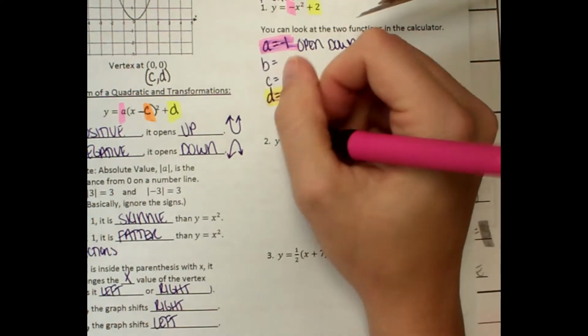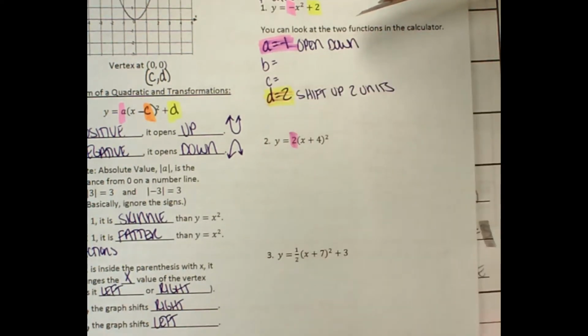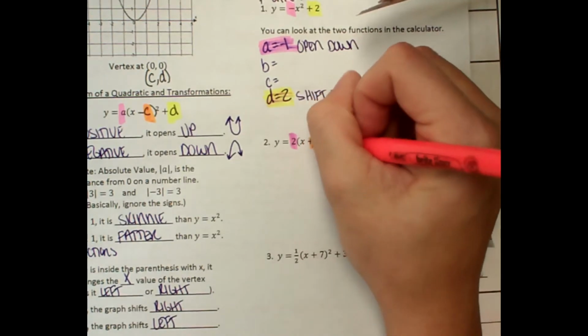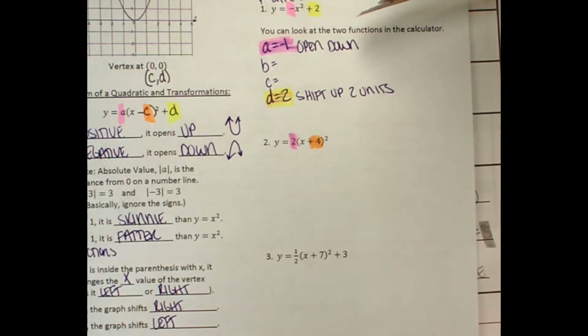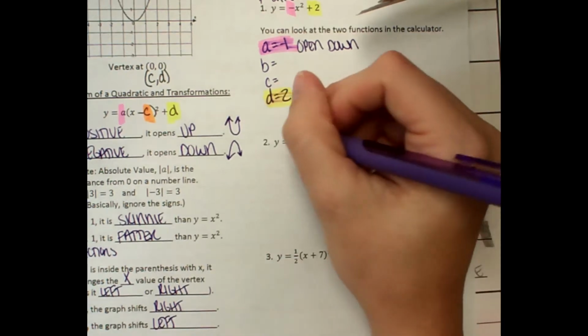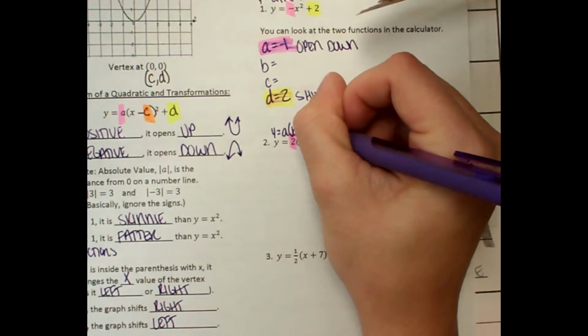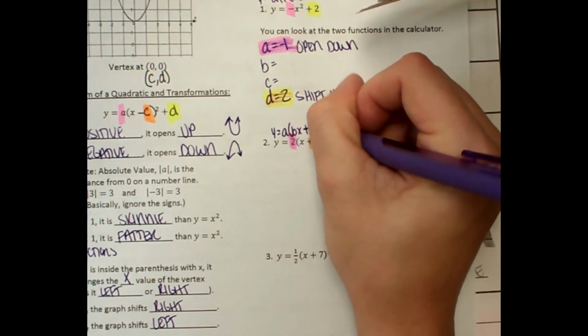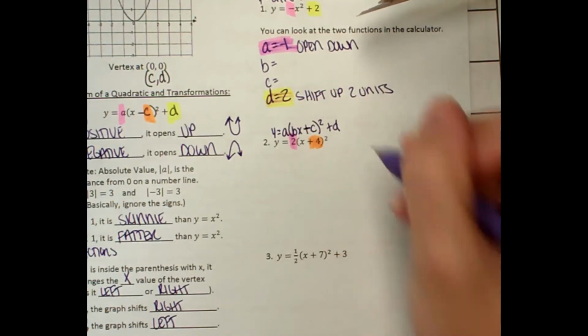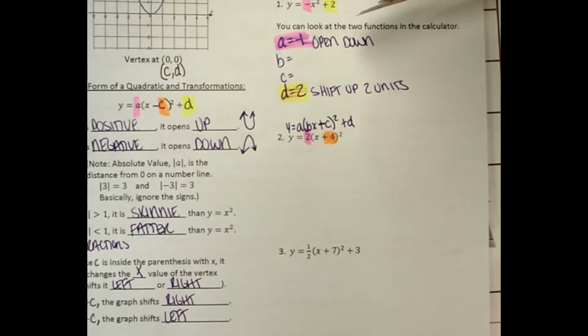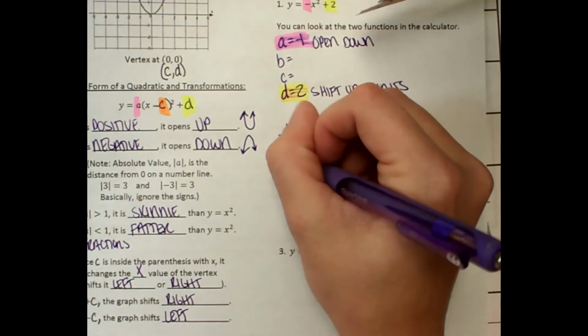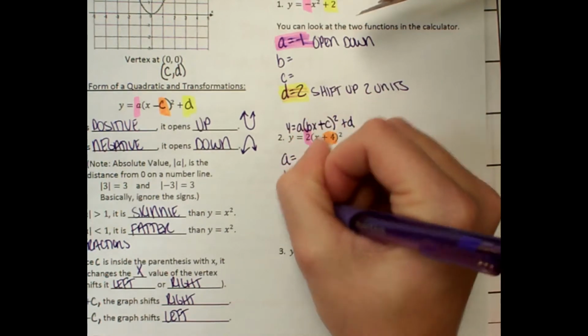So here's my number in front of the parentheses. And then this is the number inside my parentheses. So it looks like I have an A and a C. So if you need, we could say A, bx, we should say minus C squared plus D. So we would write A is equal, B is equal, C is equal, D is equal.